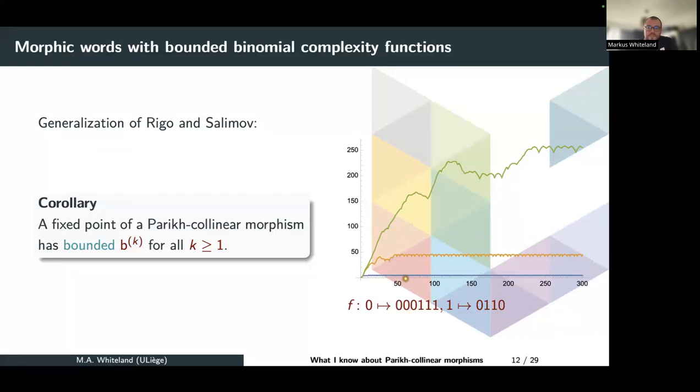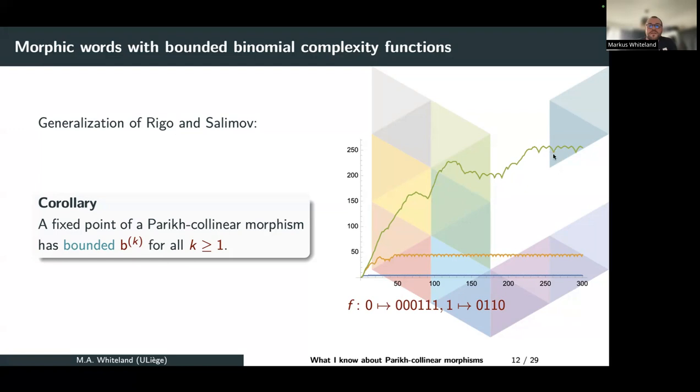Again, here the blue is the abelian complexity, the yellow is the 2 binomial, and the green is the 3 binomial complexity function. As you can see, the complexities can have rather strange initial behaviors, but they will level off at some point.